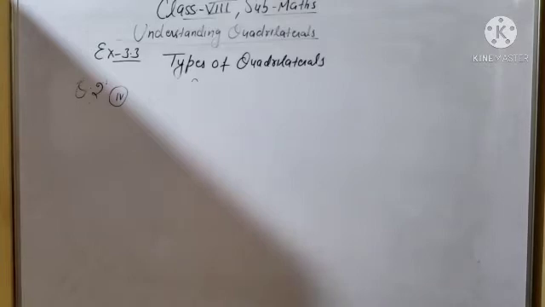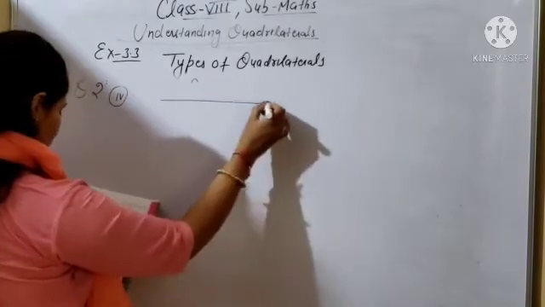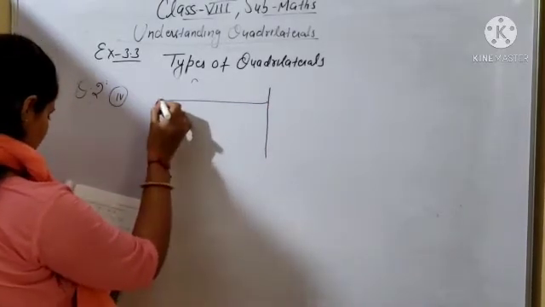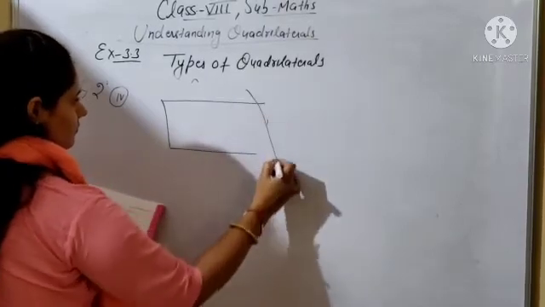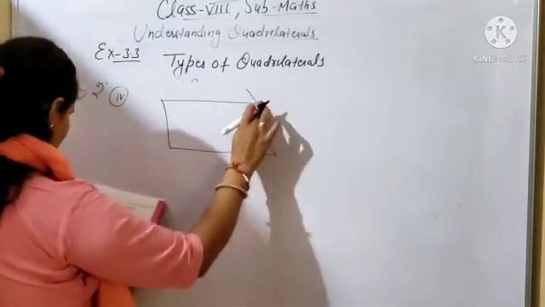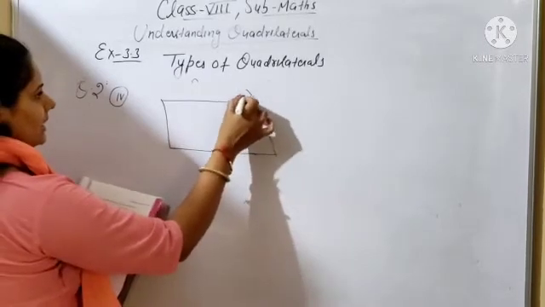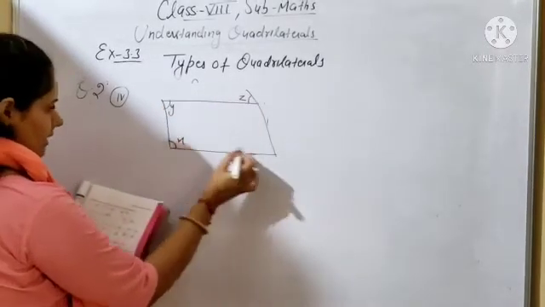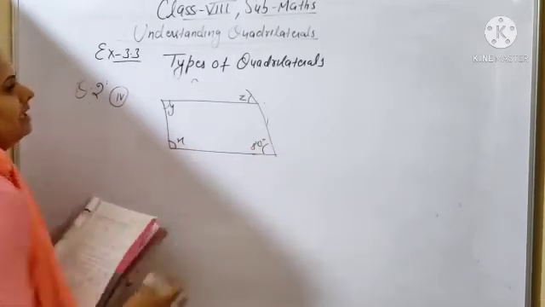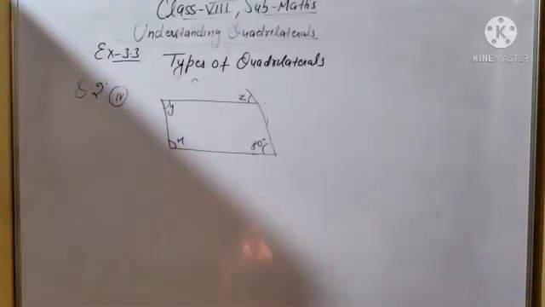So what is given? This one is angle z, y, x and 80 degrees. Clear? So a parallelogram is given, you have to find the values of x, y and z.